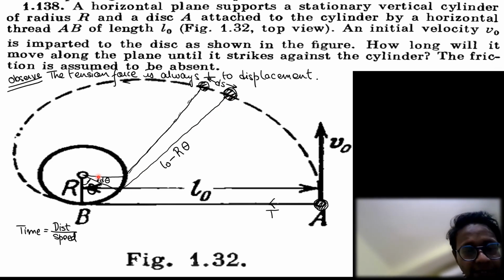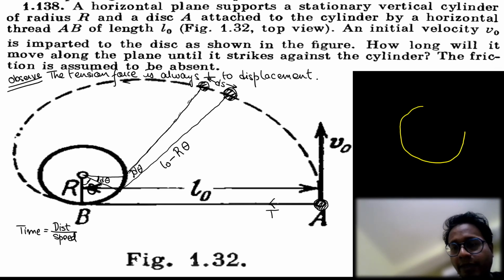If this angle is d theta, this angle is so small that this angle can also be approximated as d theta. Let me give you an example. Suppose in a circle I'm drawing a tangent out here. This is radius, this is velocity vector, radius 1, velocity 1.